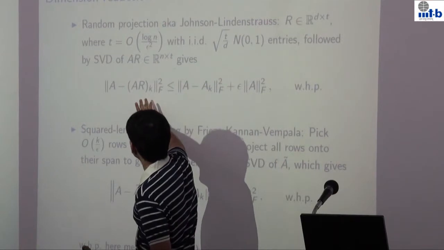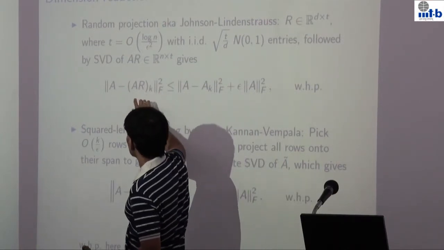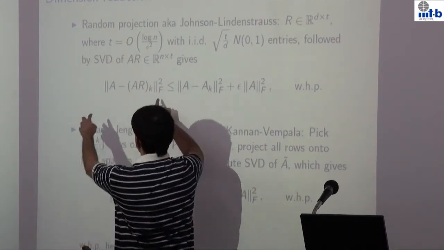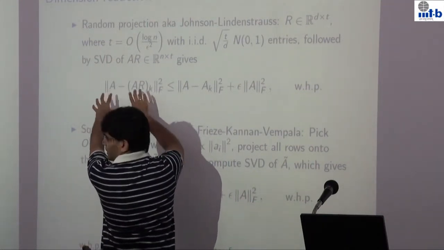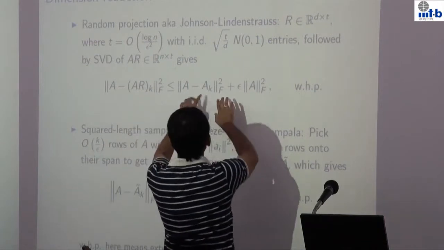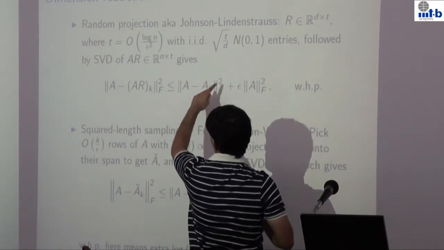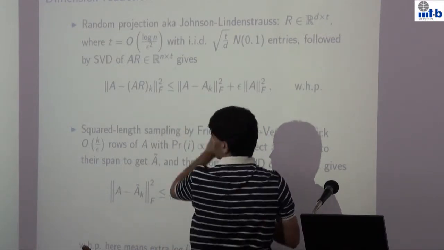If you do that, and if you compute the rank k approximation of A times R, then the error that it has with the actual data is not too far from what the best rank k approximation has with the actual data.